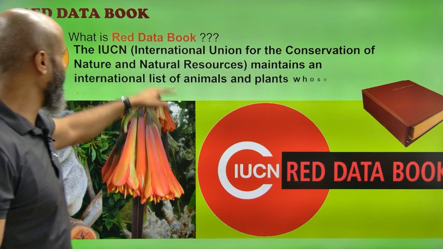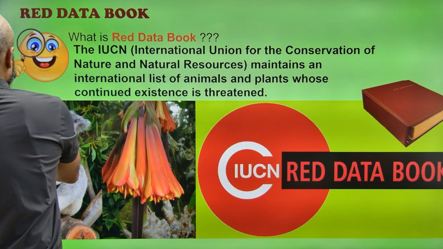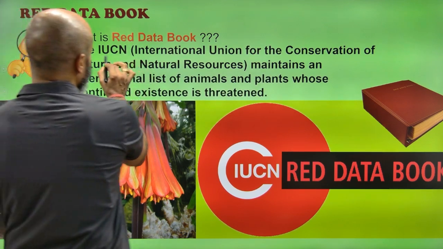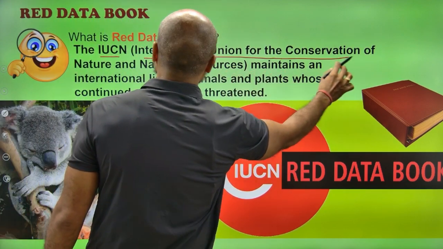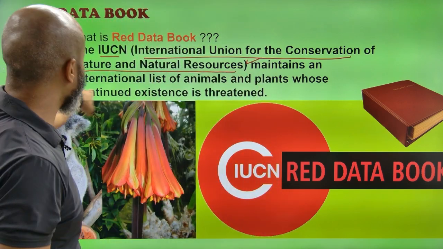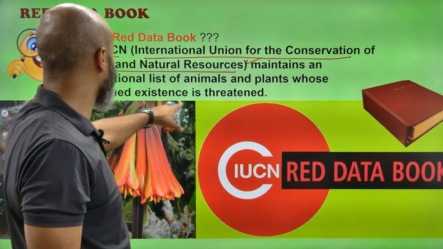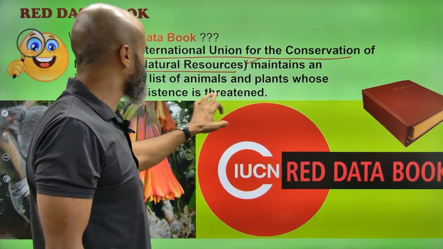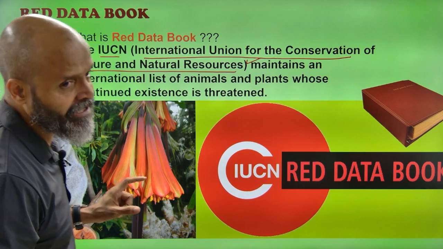The red data book, IUCN, we have studied a little part of this yesterday. So what is IUCN? International Union for the Conservation of Nature and Natural Resources. It maintains an international list of animals and plants whose continued existence is threatened. So they basically maintain a book.